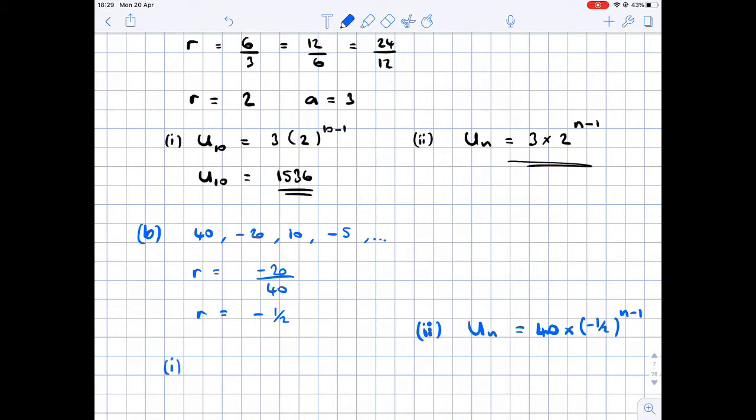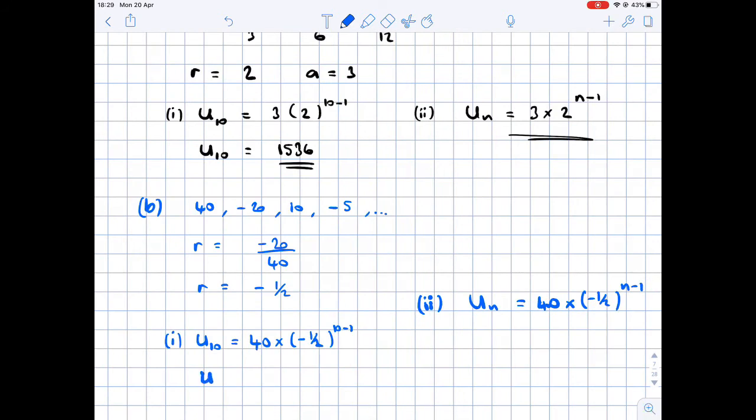Then, to do part 1, we want to find the 10th term. So this is going to be the first term times minus a half to the power of 10 minus 1, again 9. And here we can take our calculator, typing that in, and we get an answer of minus 5 over 64.